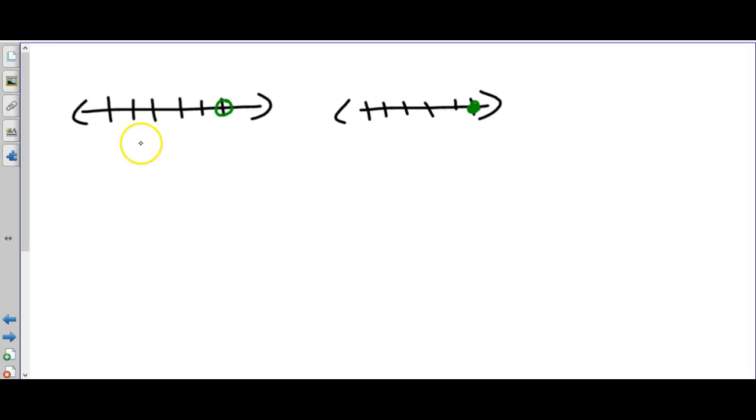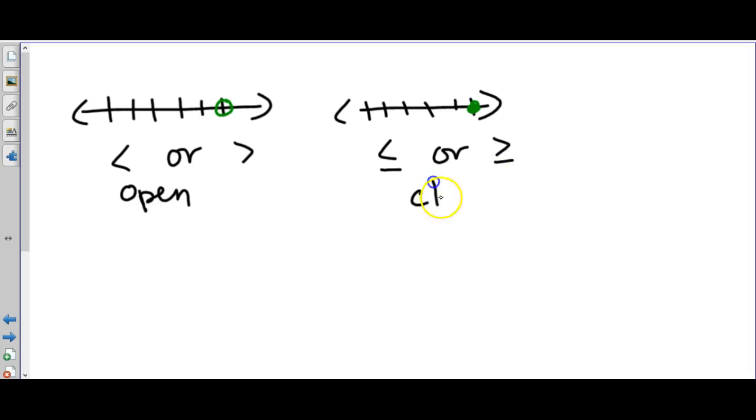If our inequality symbol is a less than or a greater than, then we use an open circle. If it's less than or equal to or greater than or equal to, we use a closed circle, because again, greater than or equal to is including the value itself. So filled in, we're saying include the point that we're actually on, whereas if it's an open circle, we say don't include that point.